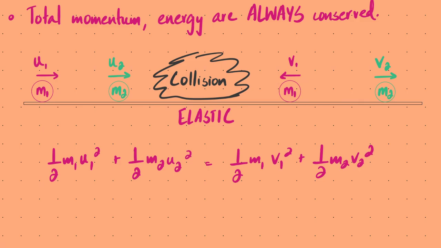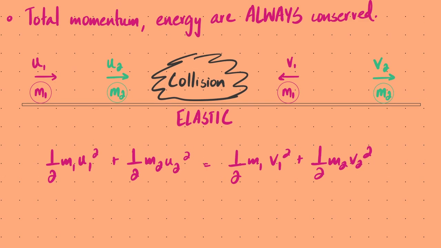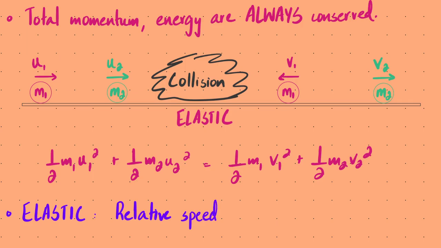Now, if we do some more math with this, then another rule comes about, and the nice thing about that rule is that it does not depend on the mass. This expression is not very easy on the eyes, but the other one is. We can also say that for an elastic collision, the relative speed of approach equals the relative speed of separation.